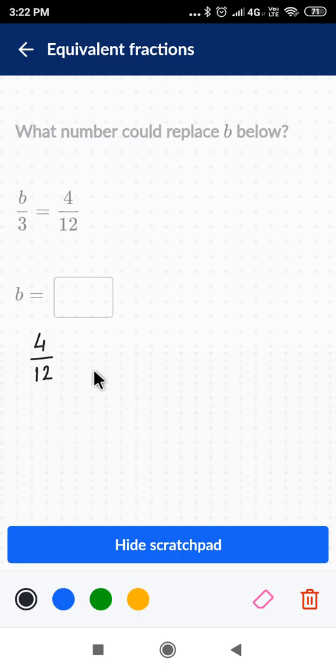So let us try finding equivalent fractions for 4 by 12. So we'll write 4 by 12 is equal to, and then we are going to multiply both numerator and denominator by 2. So it becomes 8 by 24.